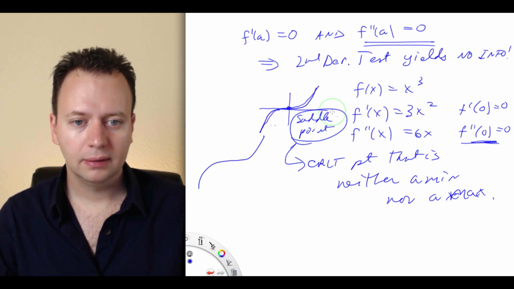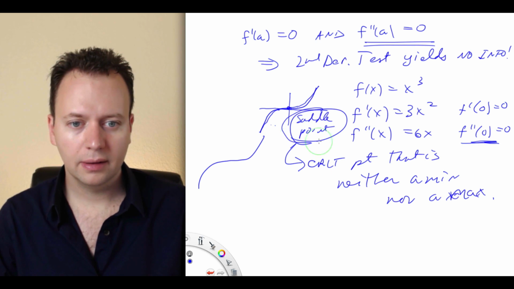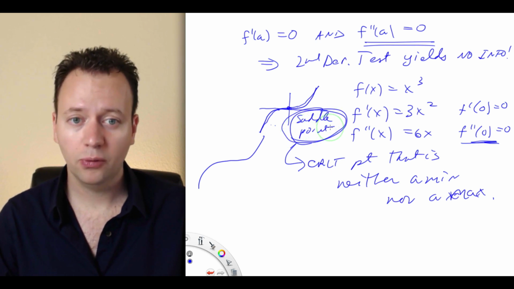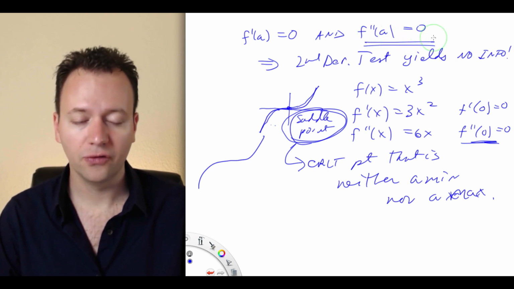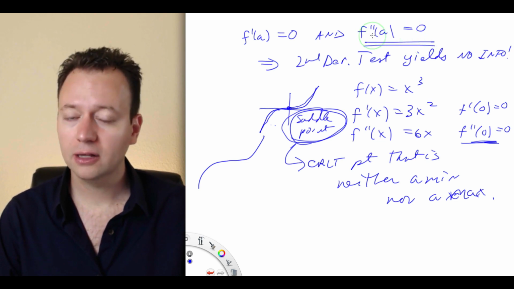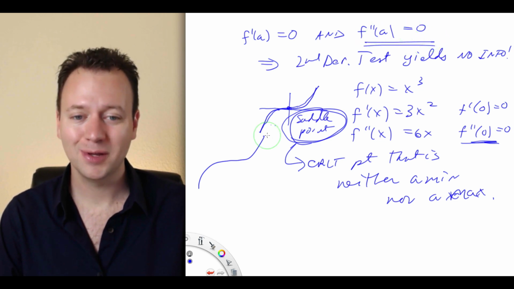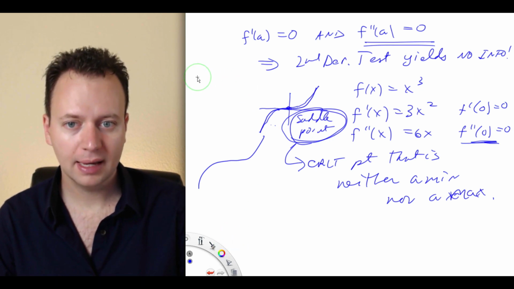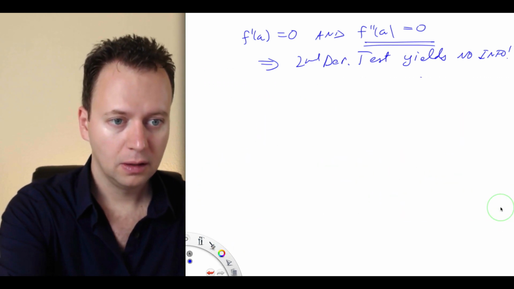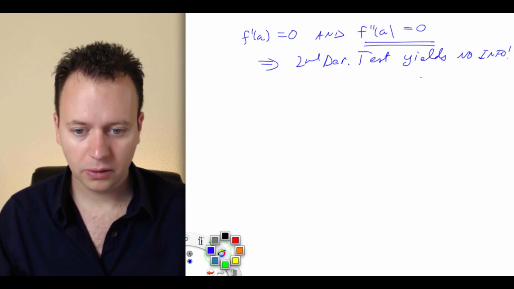So if you have a saddle point, then the second derivative will be 0 if it's continuous, if it's defined. But if the second derivative is 0, that doesn't necessarily mean you have a saddle point. So here's the counterexample to that statement. Let's do a counterexample.